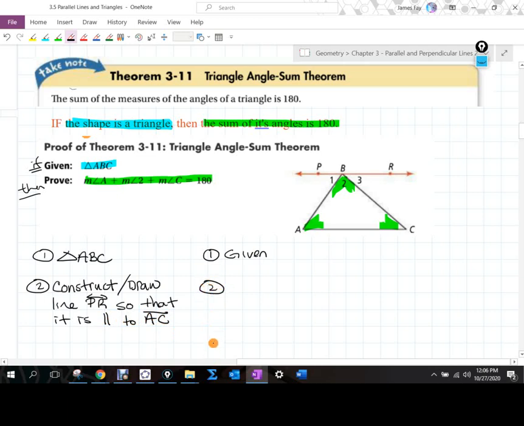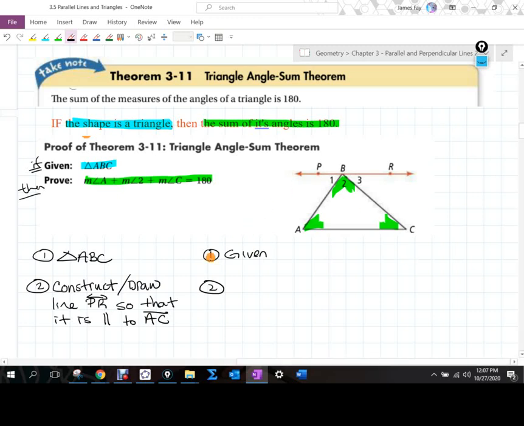Okay, so this next one, and this is where if we ever need this in a proof, I will provide this for you. But it says construct or draw, and we'll talk about the difference in those things later on in this chapter a little bit. But construct or draw the line PR so that it is parallel to AC. Okay?